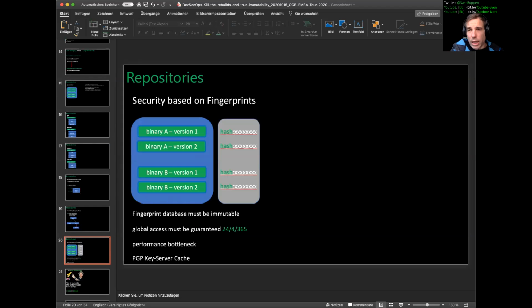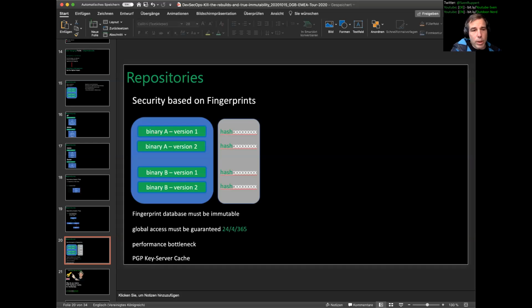But in the end, whatever you're taking from these repositories, there's only one thing that will help you to speed up. This is security, or the management, based on fingerprints. If you have a binary, you can create a fingerprint and deal with fingerprints. It's a dramatically reduced amount of data, and this can be checked independently and concurrently for all binaries. So there is a speed up.